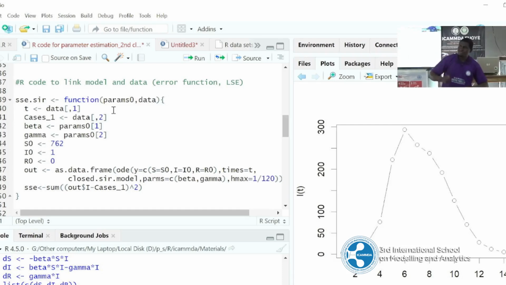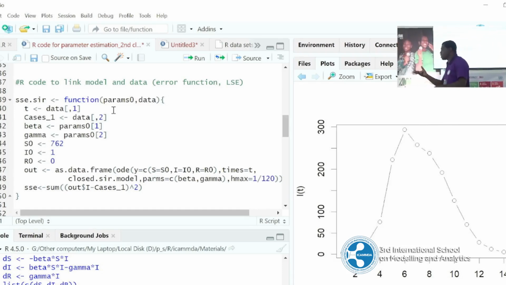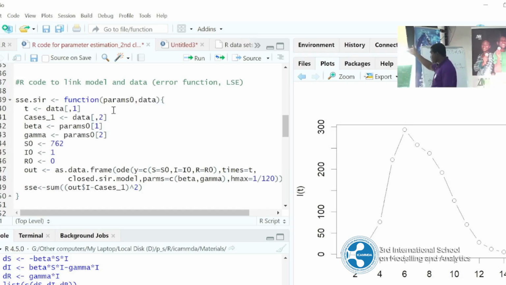It tries to find the value of the parameters. What are the parameters that we have there? Beta and gamma that I want to estimate, right? What will be the values of these parameters that will make my model outputs as close as possible to my data? Is that okay?